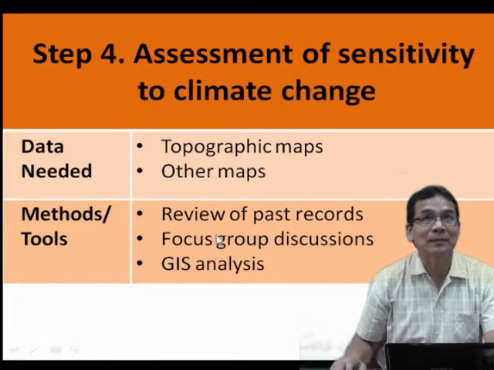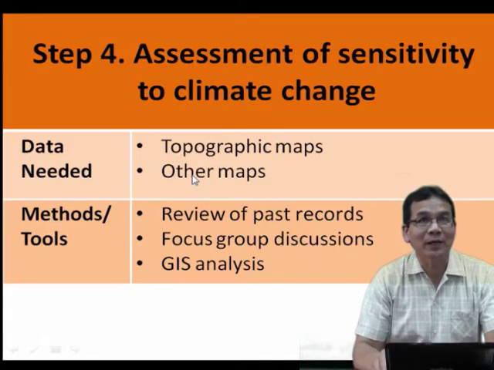coastal areas. The data that we need for this particular step are topographic maps and other maps, such as land use and land cover maps and settlement areas maps and so on.